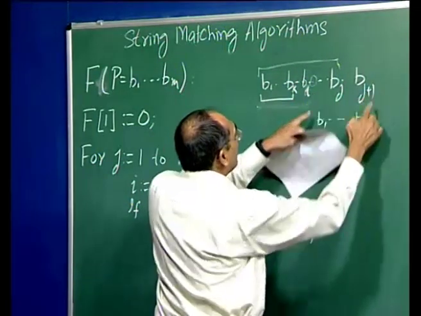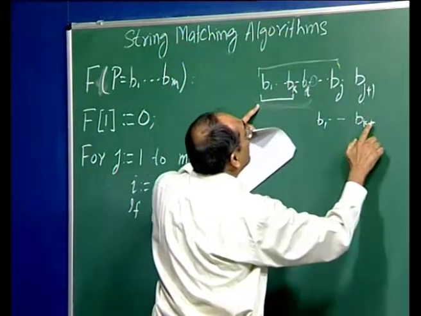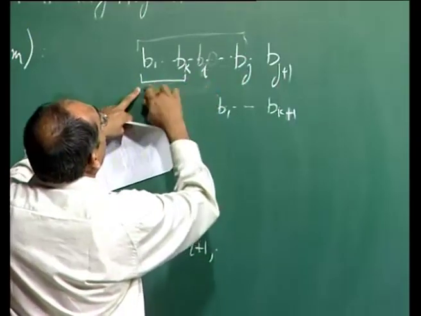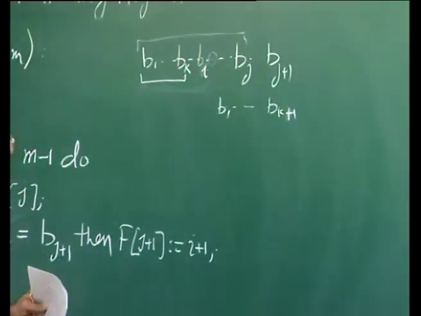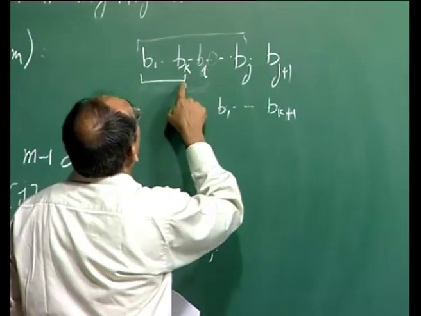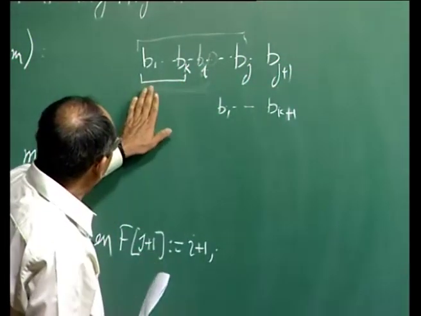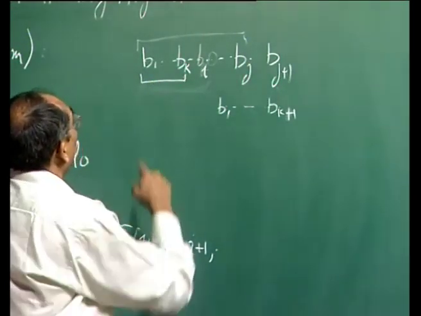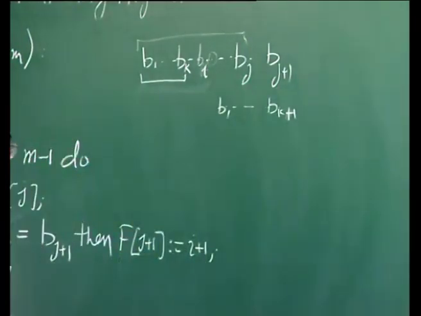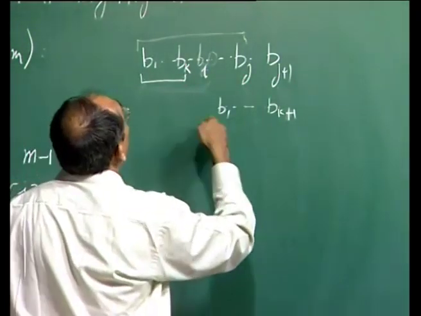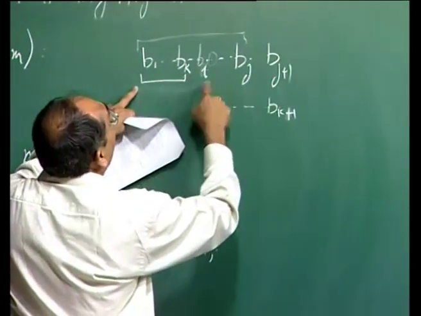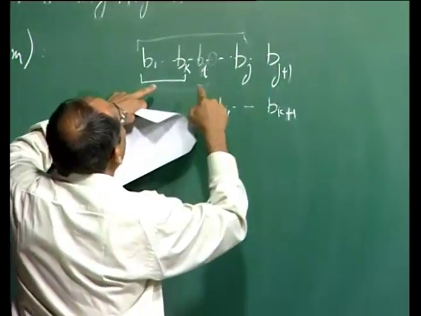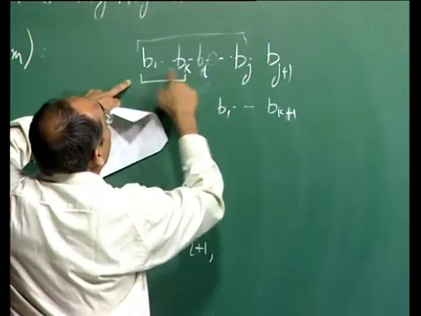This is a terminal string as well as Bk+1. B1 through Bk+1 is also the initial string. Now, in that case, B1 through Bk is also an initial and terminal string of B1 through Bj. If B1 through Bk+1 is initial and terminal string of B1 through Bj+1, then B1 through Bk is initial and terminal substring of B1 through Bj.